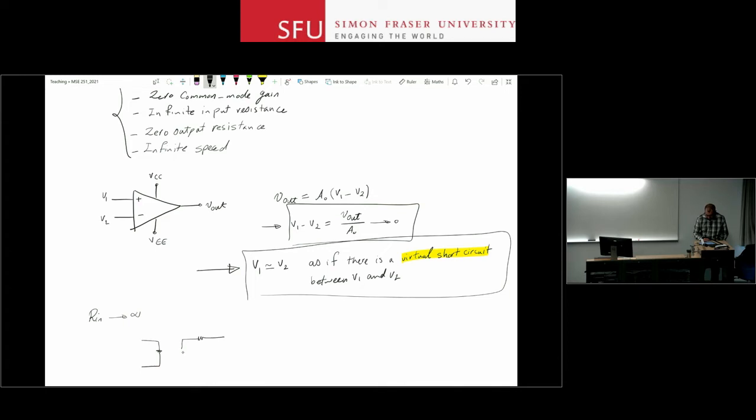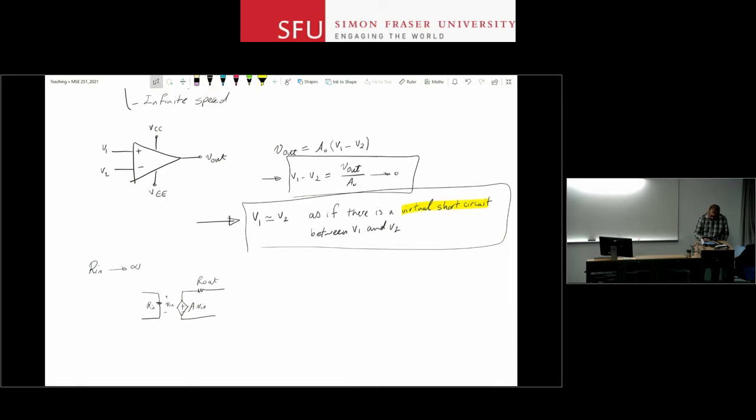I can simplify it to something like this, and I just put this whole thing inside a box and sell it to you as an amplifier. But inside it, it could be a combination of maybe tens of transistors. But at the end of the story, as long as it is behaving linearly, I can reduce it to something like this. And for an ideal op-amp, A in this case is infinite, and R in is also infinite.